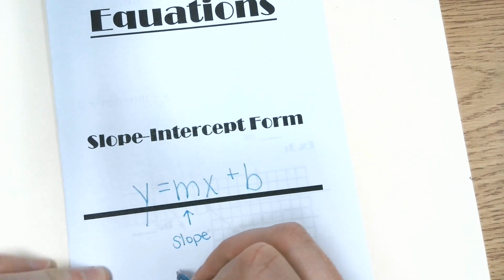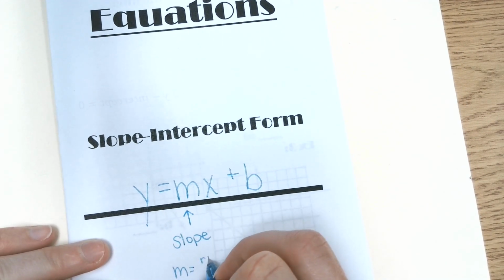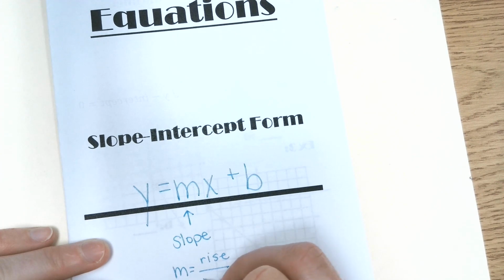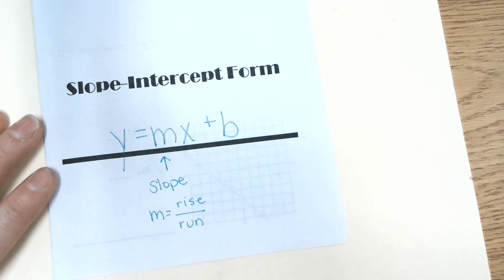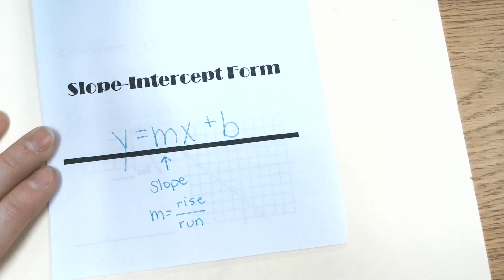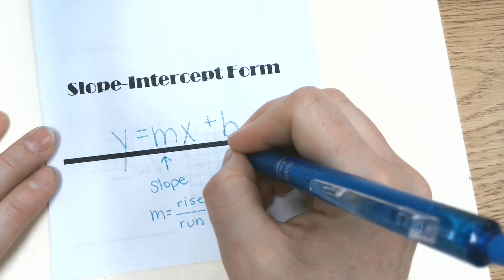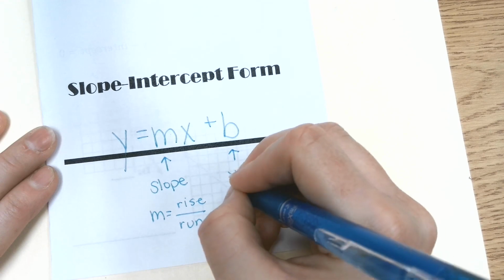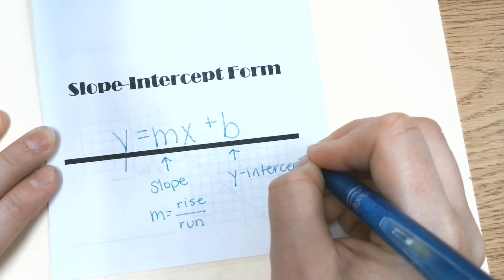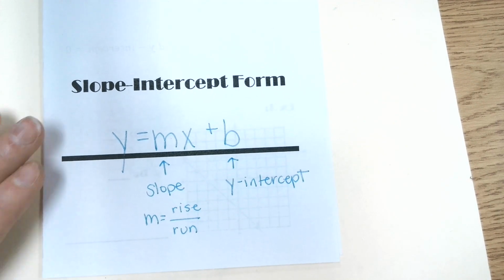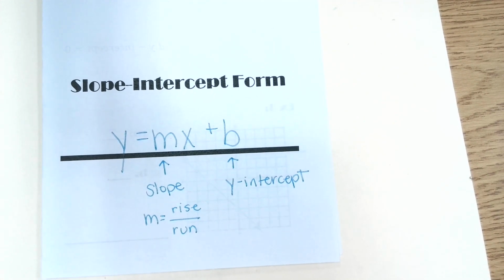And you find that by doing rise over run. And b is our y-intercept. And you can find that on the graph too by finding out where it crosses the y-axis.